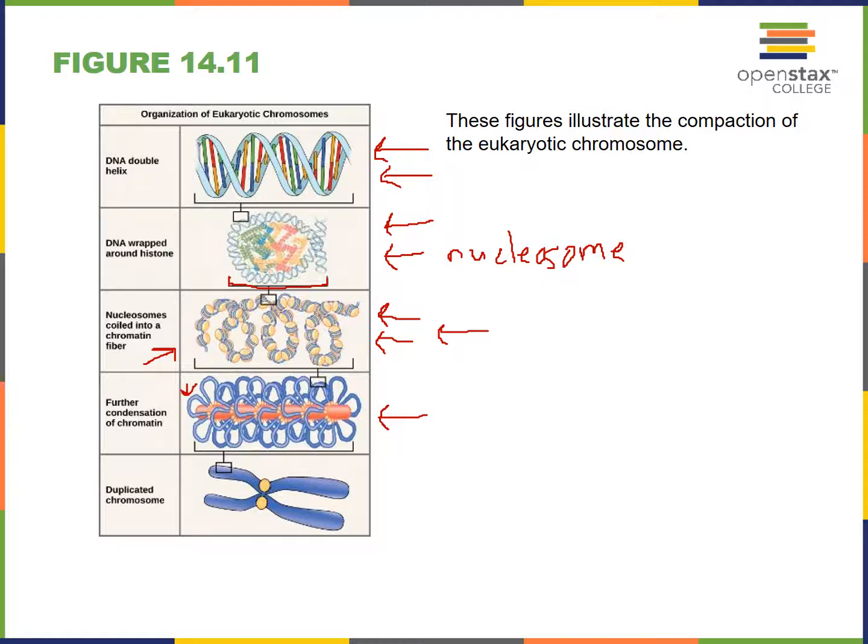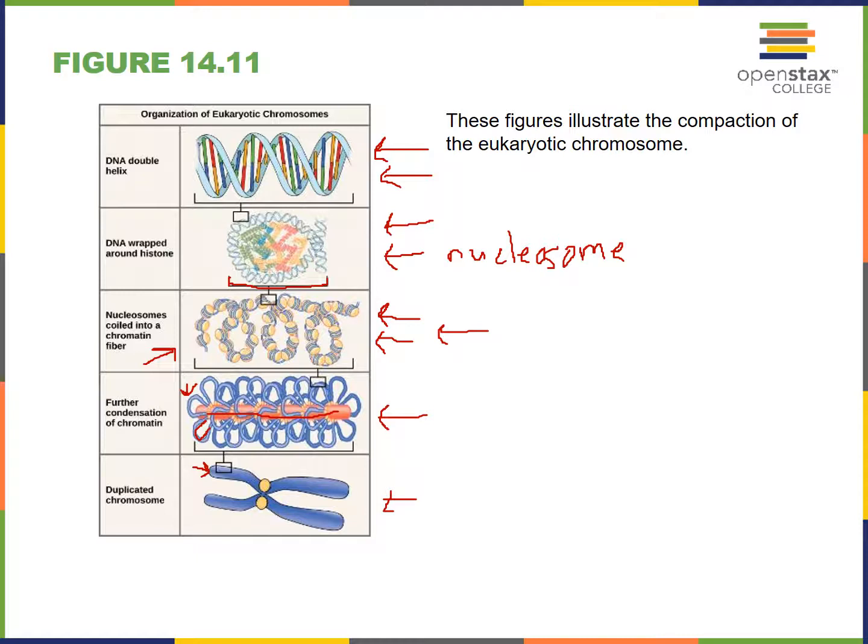And then these fibers will be looped and attached to this scaffold protein in here. And that will make this type of fiber once it's all attached. And that's what we see in prophase, or prophase 1 or prophase 2. That is the condensed chromosome.